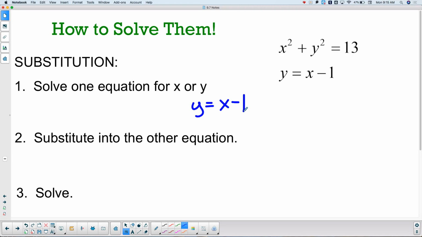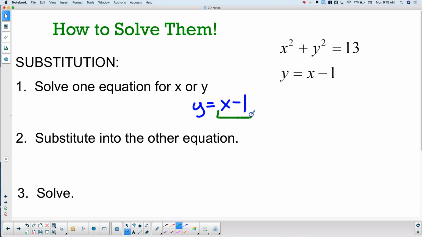Then what I'm going to do is substitute that in. I'm going to take this x minus 1 and replace y with it. So this becomes x squared plus, now instead of y, x minus 1 quantity squared equals 13.